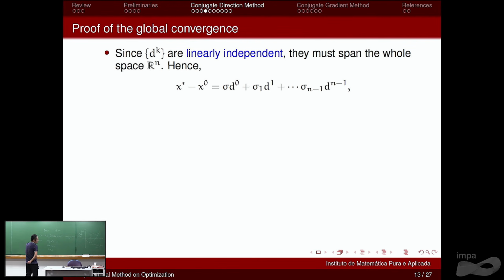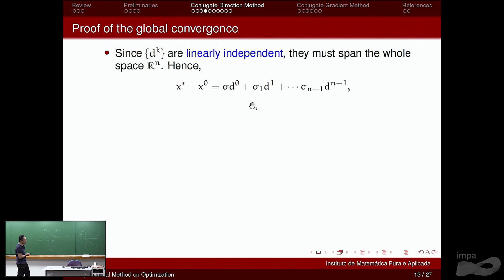First, the directions are linearly independent, this is from our preliminaries. Because D0 to Dn minus 1 are conjugate, they are linearly independent. So we can write x star minus x0 as a linear combination of D0 to Dn minus 1.